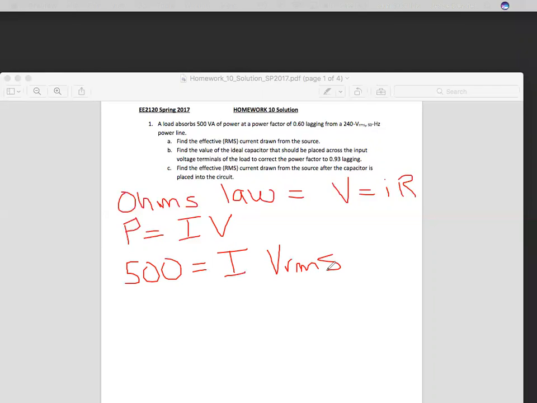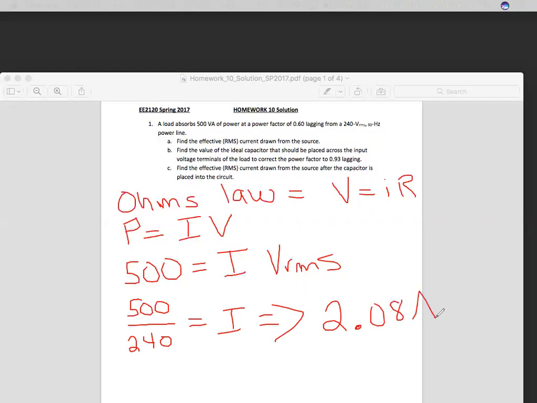So 500 divided by 240 equals our I, which in turn yields 2.08 amps. So we've answered part A. There's part A. Let's erase.